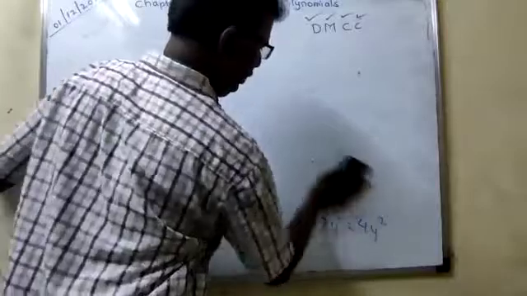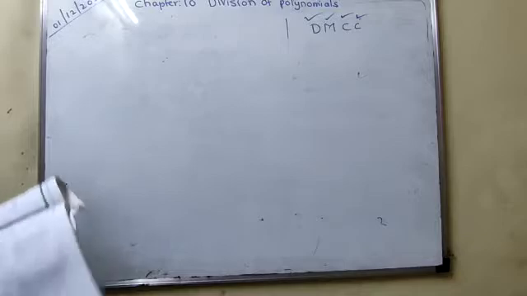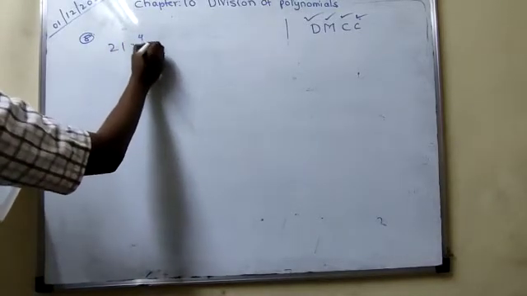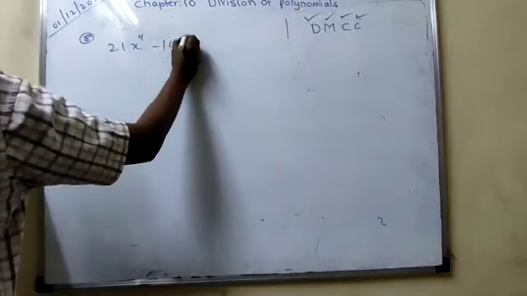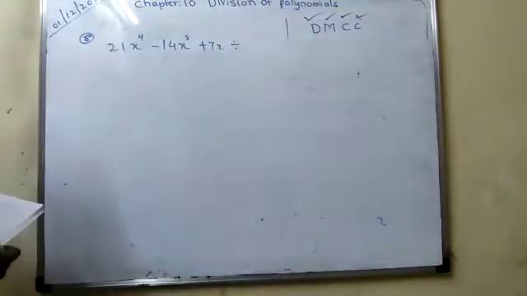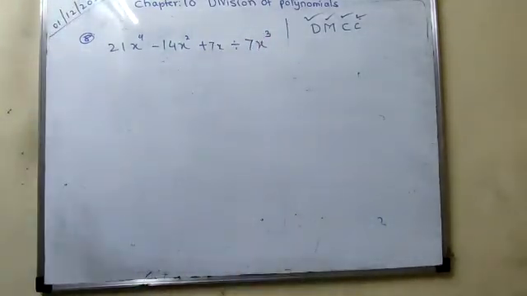Sum number 8. The question is as follows: 21x raised to 4 minus 14x square plus 7x, divided by 7x cube.